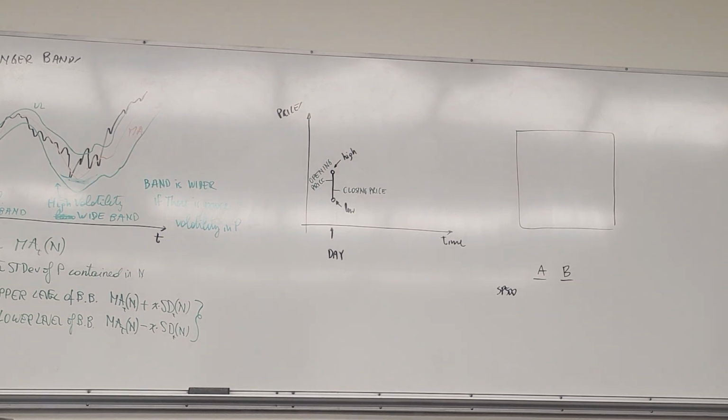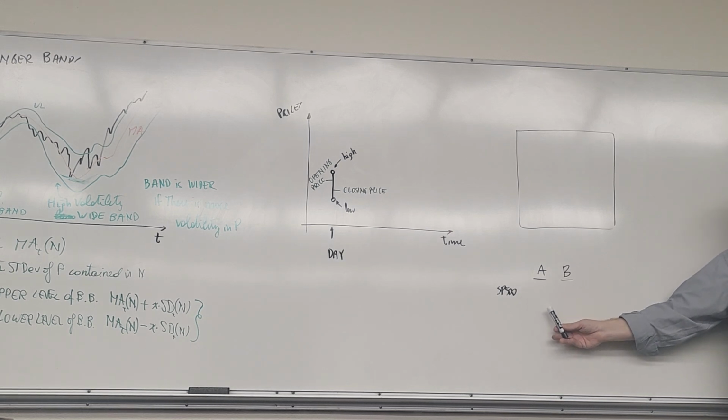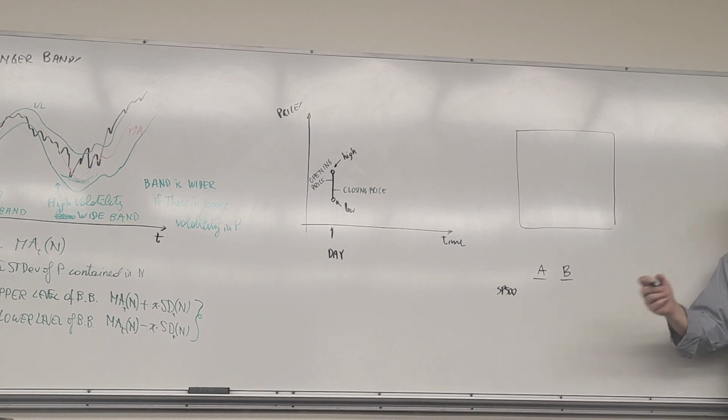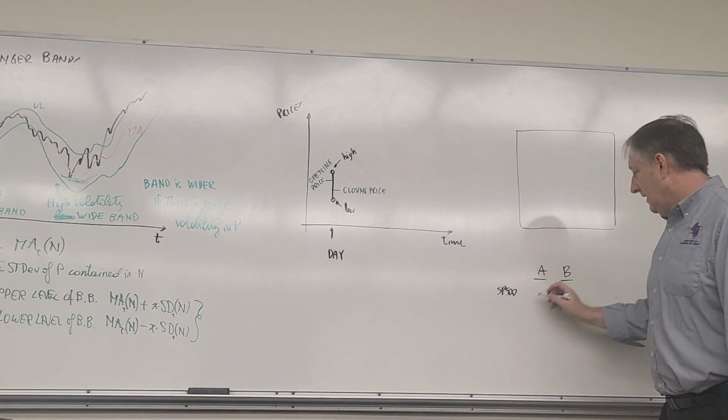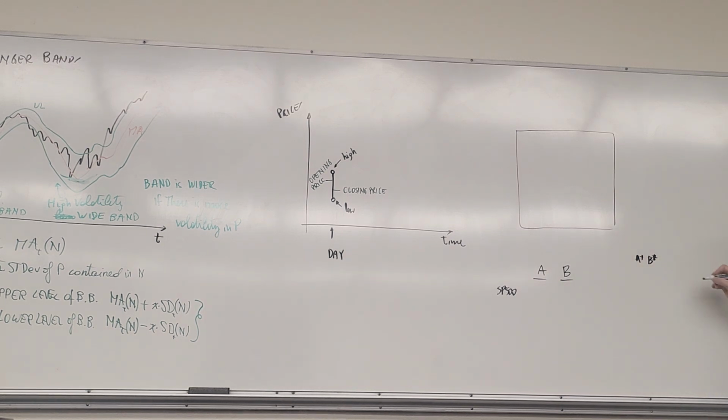And how could those stocks behave relative to the S&P? Well, one could do better than it, one could do worse. But then the other one could do worse as well. So let's suppose that I look at all possible scenarios: both of them outperform the market, both of them underperform, A outperforms and B underperforms, A underperforms and B outperforms, right?